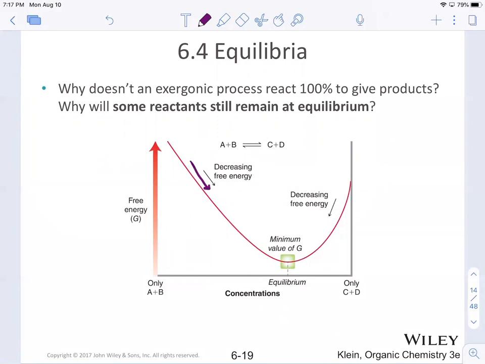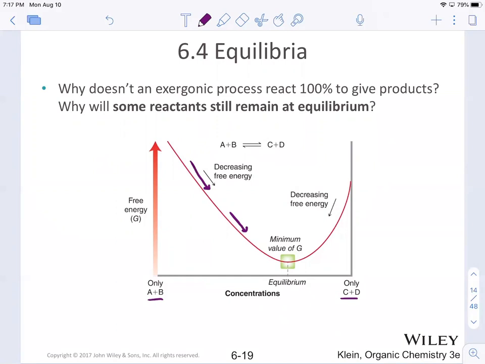And as C and D start to increase, there will be more collisions with C and D. Don't forget that to make a reaction go, you need the molecules to actually slam into each other.